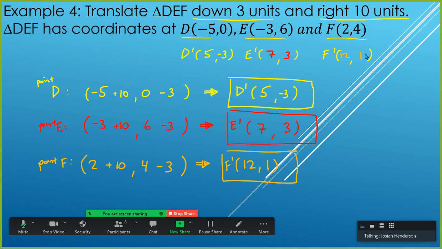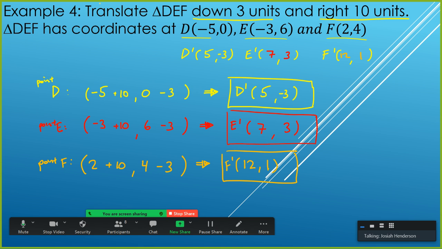So we don't have rules necessarily to go with dilations and translations like we do for the reflections and rotations. But we need to know how to use the translation and apply left or right to x, up or down to y.